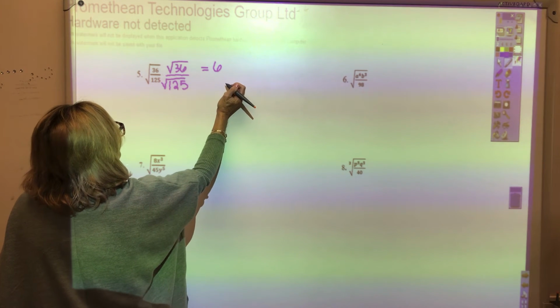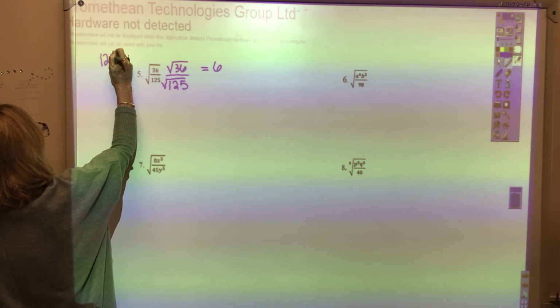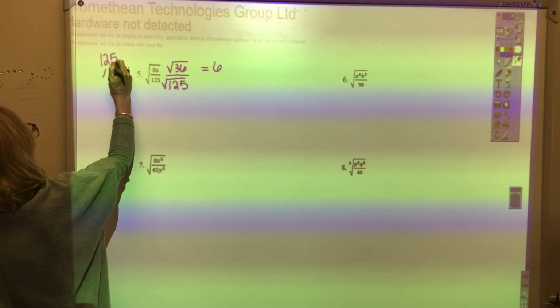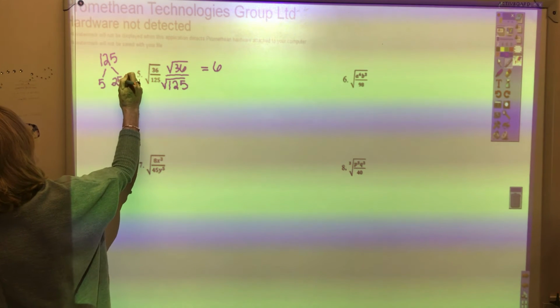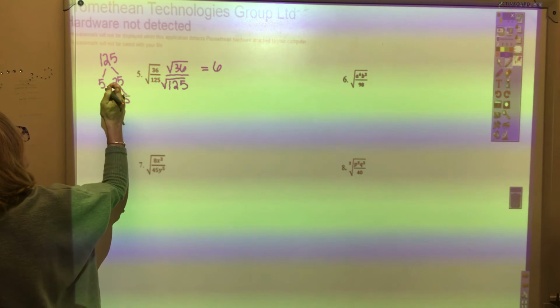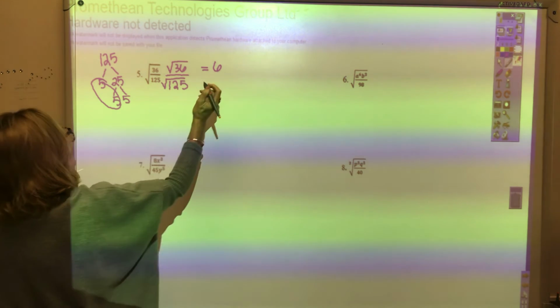The square root of 125, if we want to break it down, 125 is divisible by 5 and 25, and 25 is divisible by 5 and 5. So we would have a 5 squared and a 5 on the bottom.